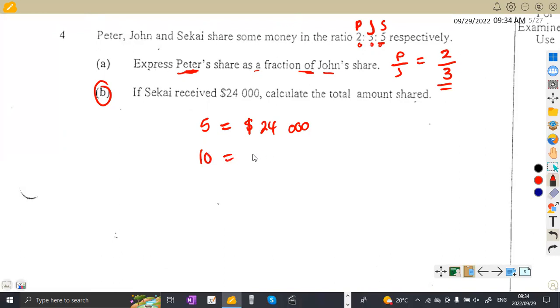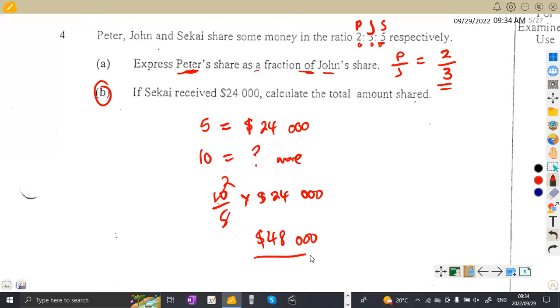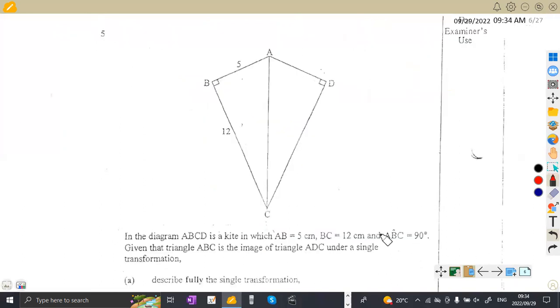So 10 is equal to what? We do not know. So that will be 10 over 5 multiplied by 24,000. So by doing this, 2 times 24 is 48. So this is going to give us 48,000. All right, so that was it.